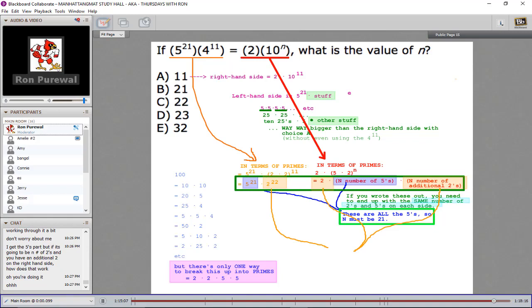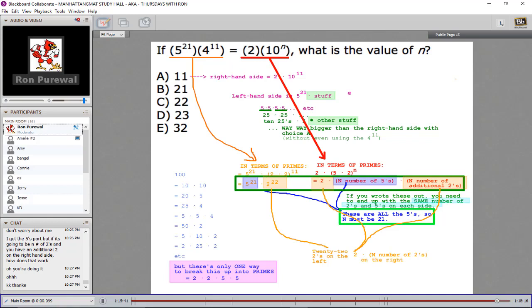If you have 22 2s on the left, and if you have a 2 times n number of 2s on the right, they have to be the same number of 2s.